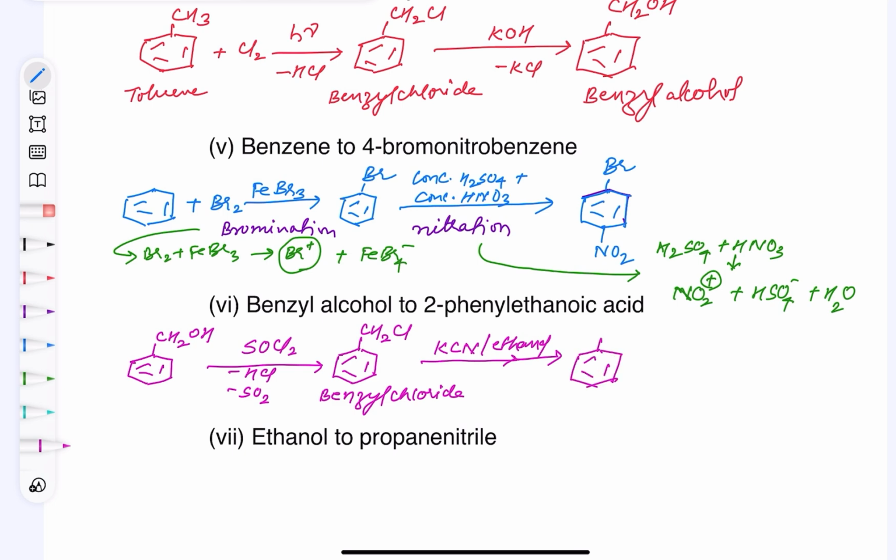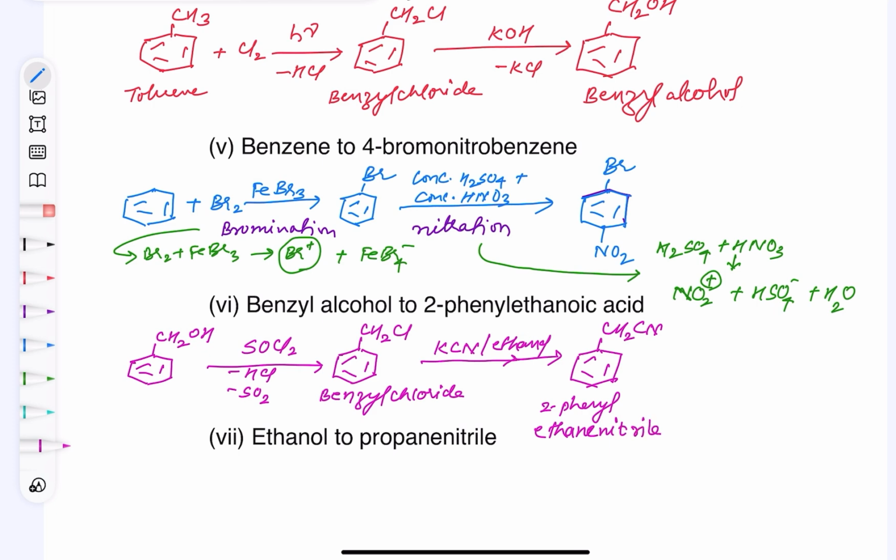So the product you will get will be CH2CN, that is 2-phenyl ethane nitrile. The formula has CH2CN above the benzene ring. The name is 2-phenyl ethane nitrile.